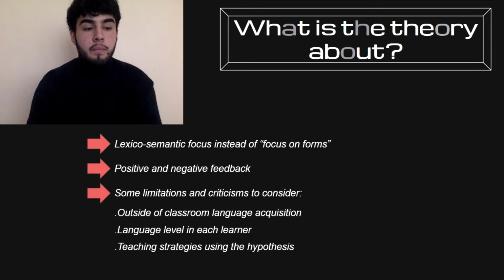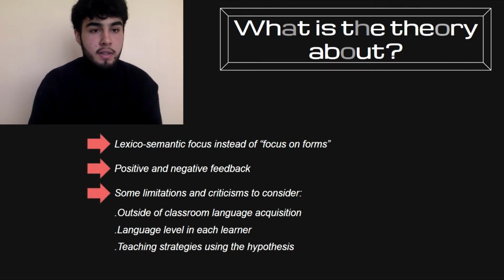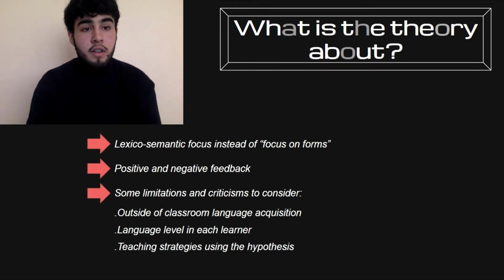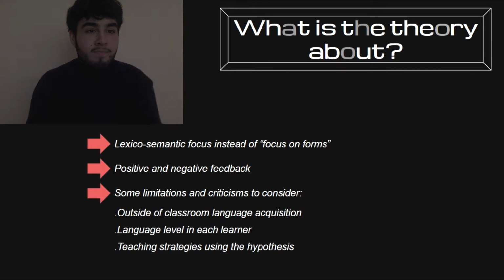Thus, it needs different methods included as well, because by itself it cannot guarantee the acquisition of the target language. And that's it. So now we move on to the connection between the theory and the teaching of English as a foreign language with Sara.